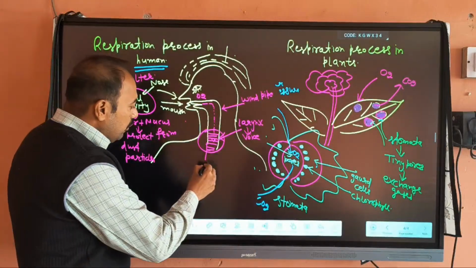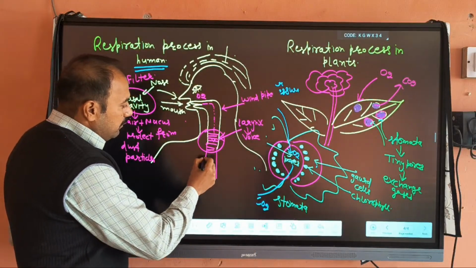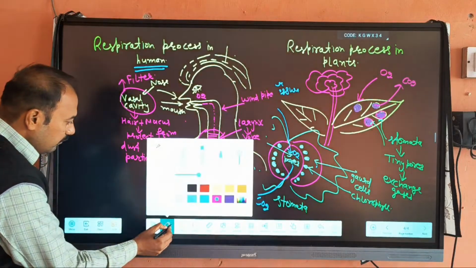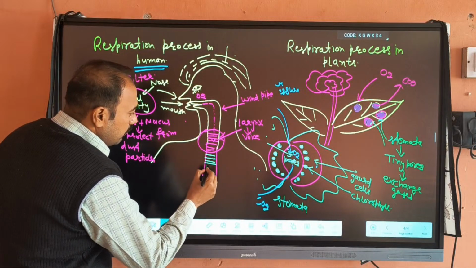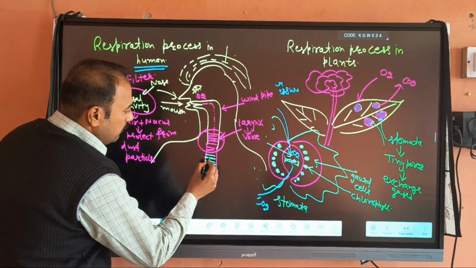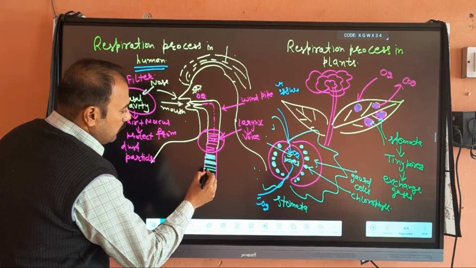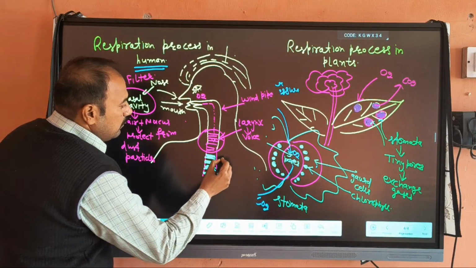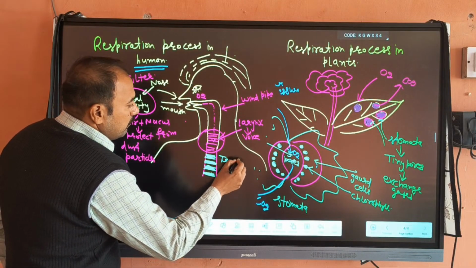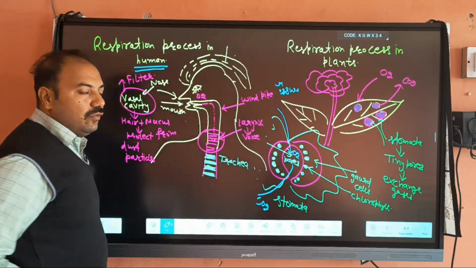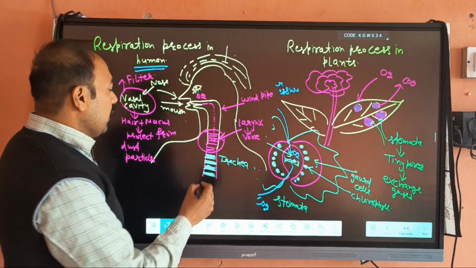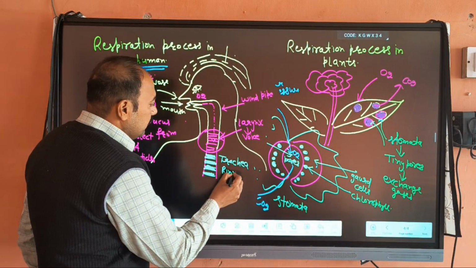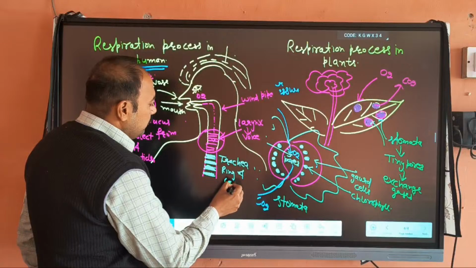And after that, this is known as the trachea, and the trachea consists of rings of cartilage.